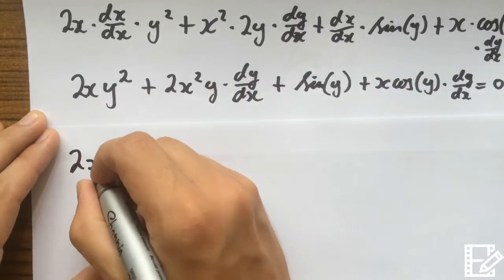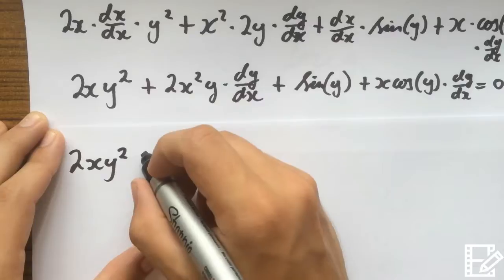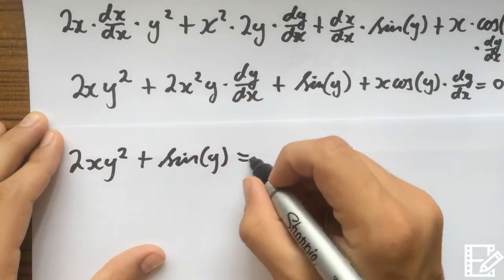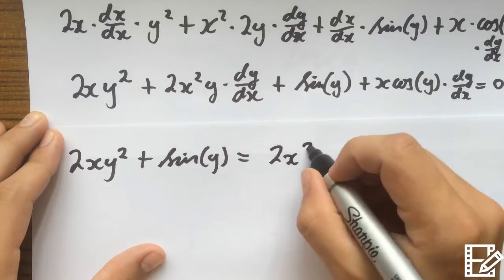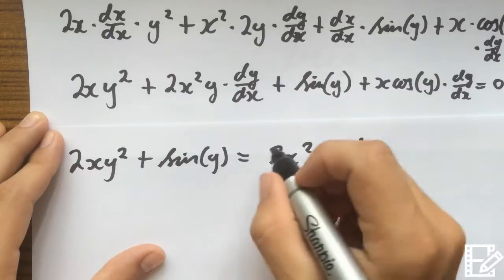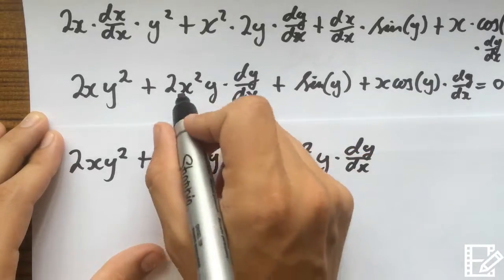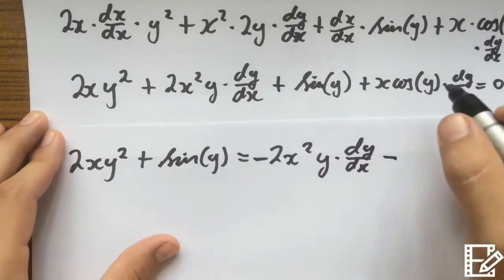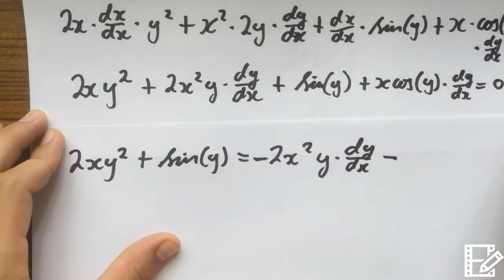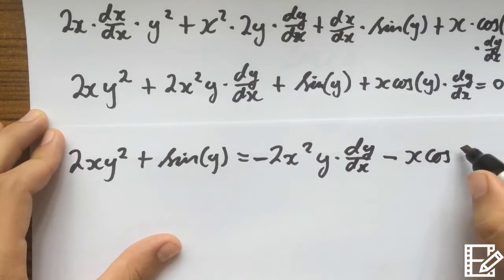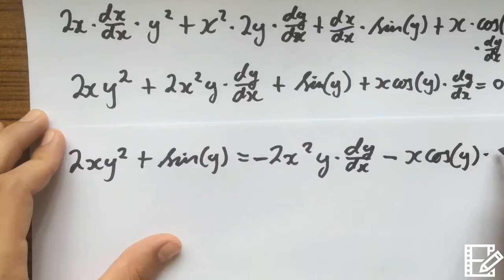And we're going to be left with 2xy squared plus sine of y equals negative 2x squared y dy dx. It's negative because I subtracted it. And then another negative because I'm subtracting this to the other side, x cos y dy dx. Okay?